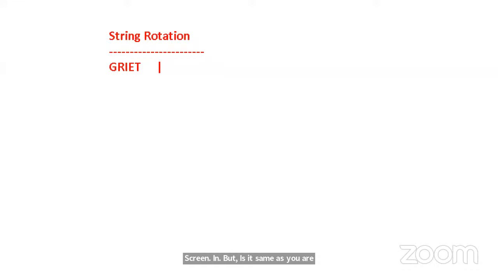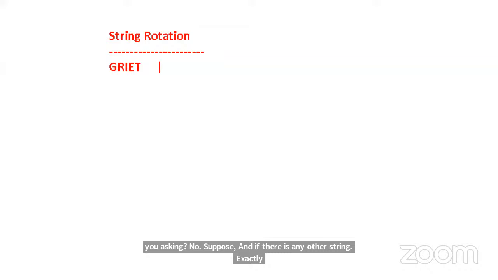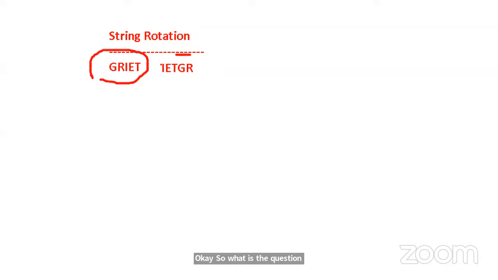No. Suppose grit is the first string and there is another string, for example, you can start from I: itgr. So the question was, if there is an existing string grit and there is another string called itgr, the question was very simple.